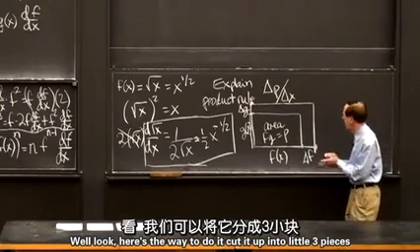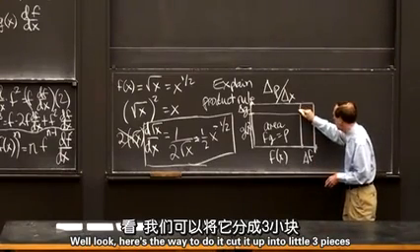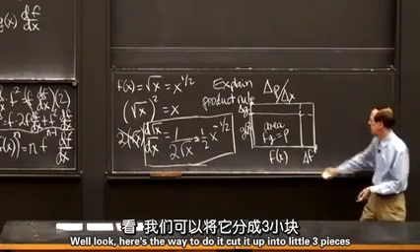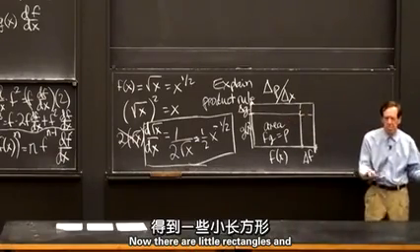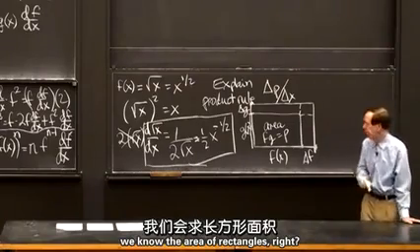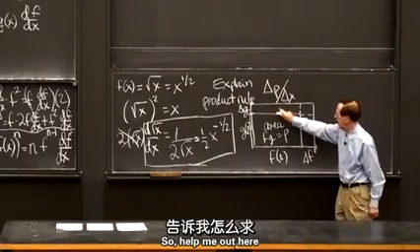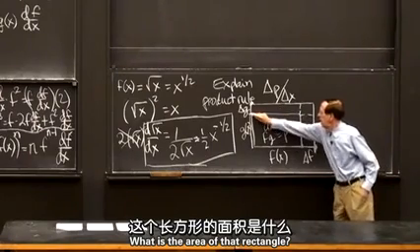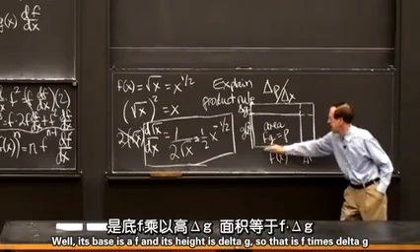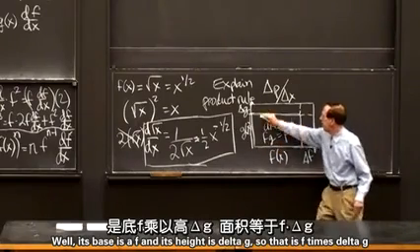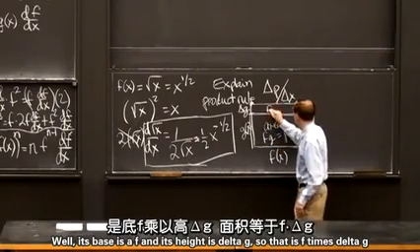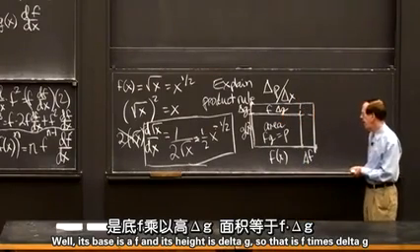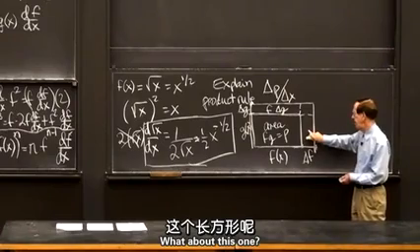Well, look, here's the way to do it. Cut it up into three little pieces, because now they're little rectangles, and we know the area of rectangles, right? So help me out here. What is the area of that rectangle? Its base is f, and its height is delta g. So that is f times delta g. What about this one?